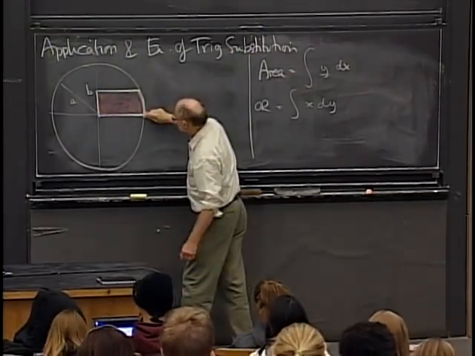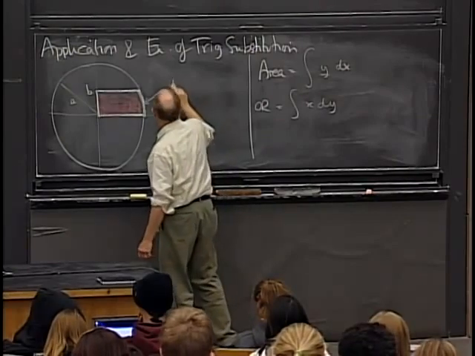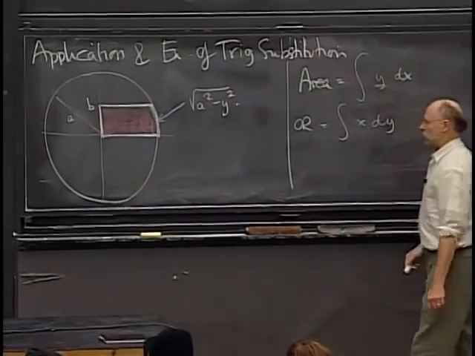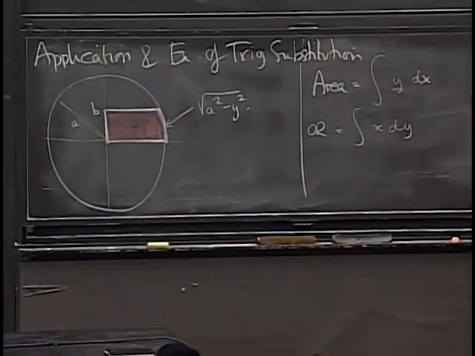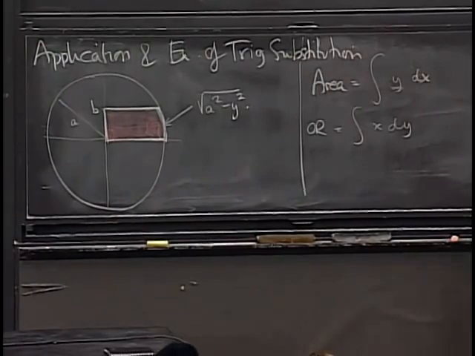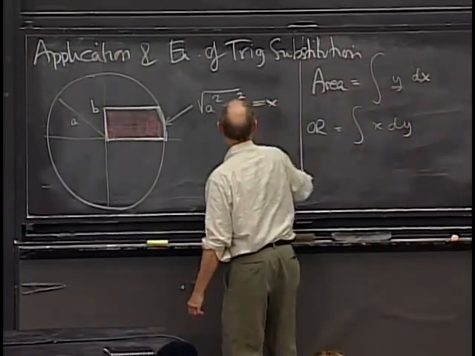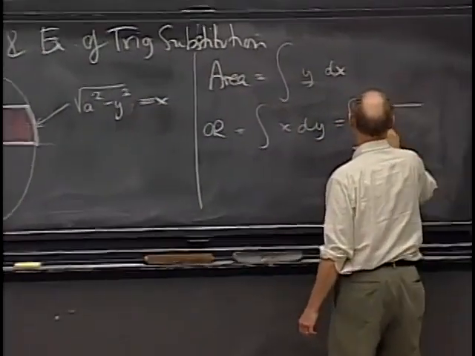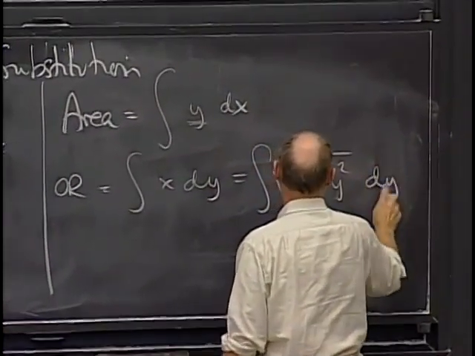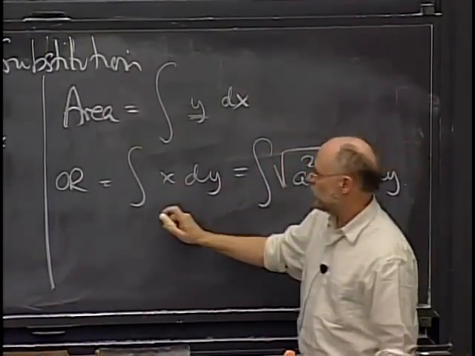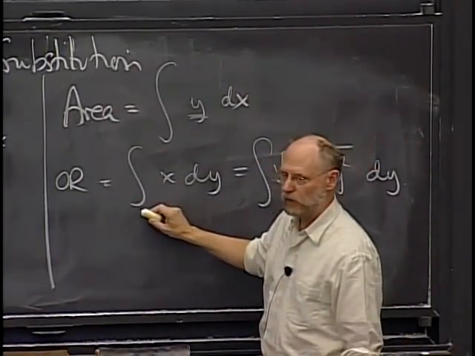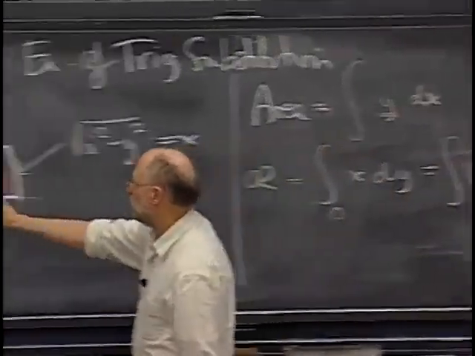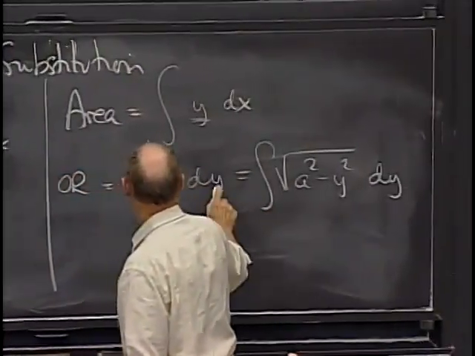And that's much better because x is the square root of a squared minus y squared, since x squared plus y squared equals a squared. And that's what I'm asked to integrate then, the square root of a squared minus y squared dy, and I can even put in limits of integration, because this is supposed to be an actual number. I'm integrating from y equals 0, that's here, to y equals b, dy.